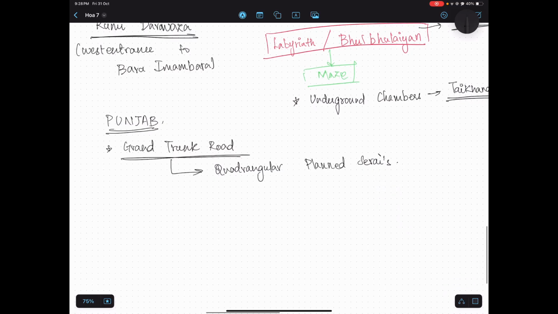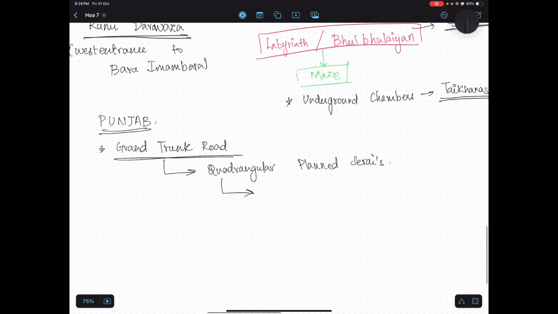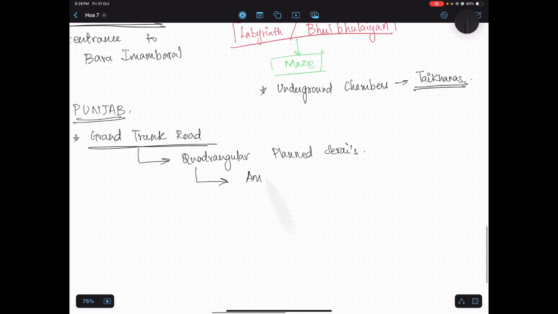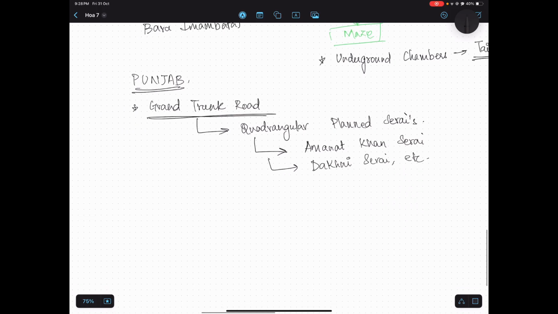For example, the Amanat Khan Serai, Dakini Sarai, and etc. And most of their constructions used thin bricks and sometimes even wood. So that's about Punjab.